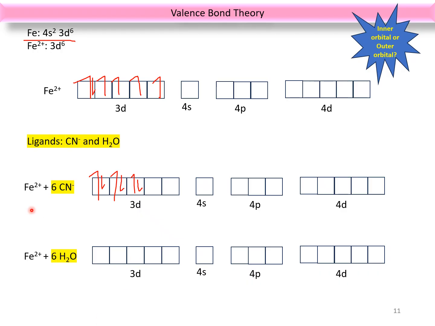Now you see there are 6 cyanide ligands, where every cyanide ligand contributes 2 electrons. In which orbitals would these electrons be placed?